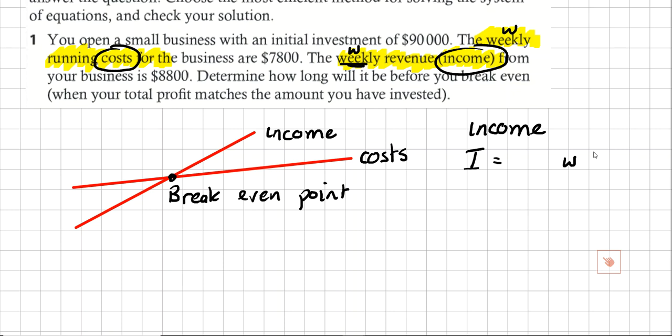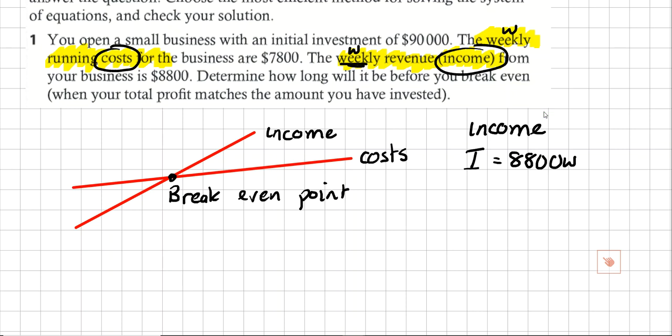So 8,800 W. Every week, if my week goes up by 1, I get another lot of 8,800. Yeah? This subtracts 7,800 and whatever variable that was.